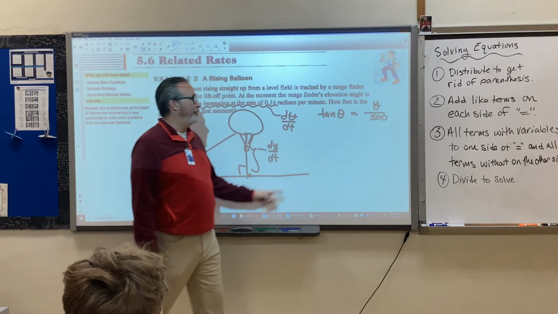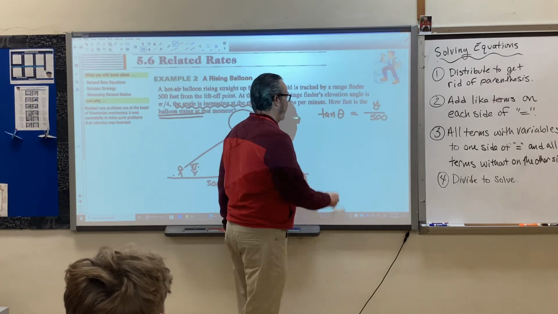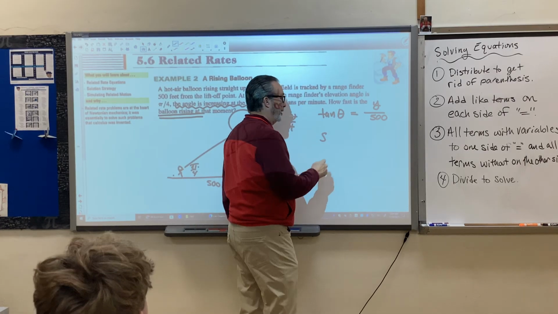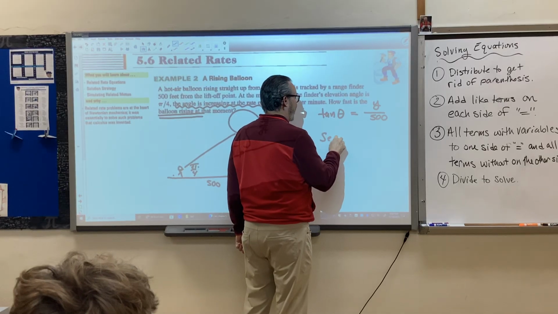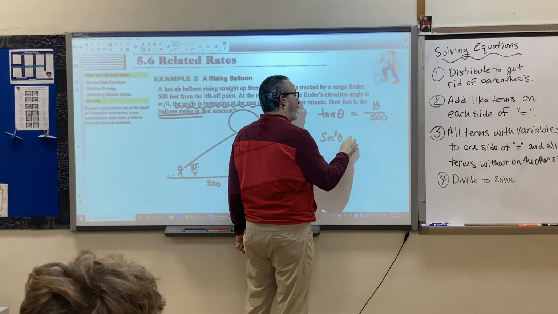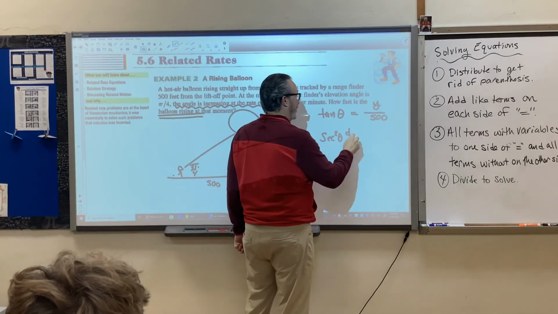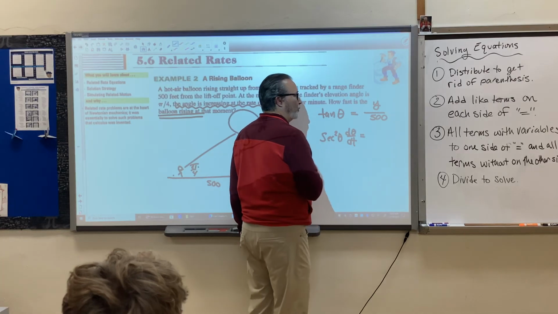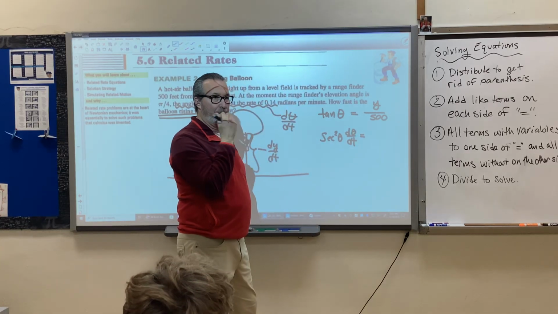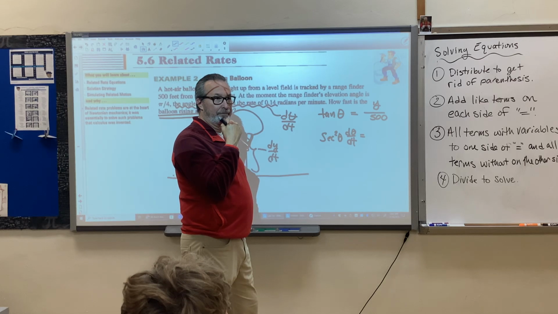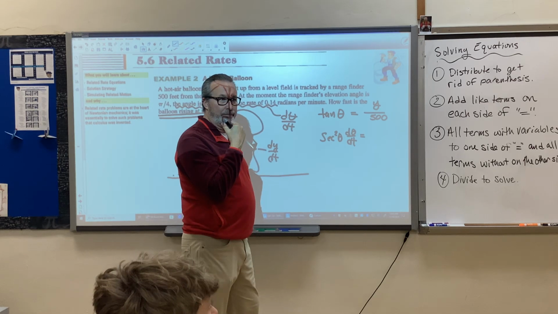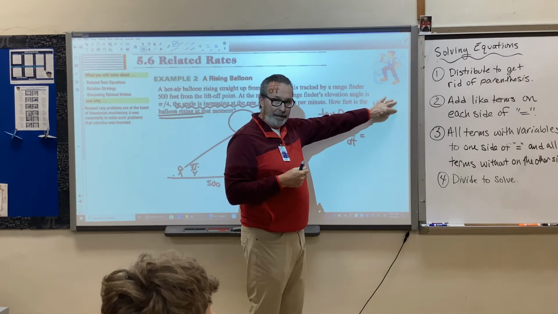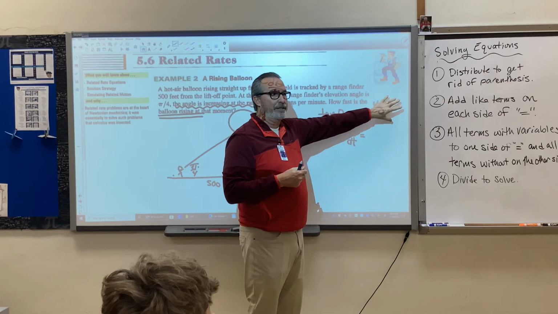So what's the derivative of tangent of theta in terms of time? Secant squared theta d theta/dt equals this constant, 1 over 500, times y, right? 1 over 500 times y.